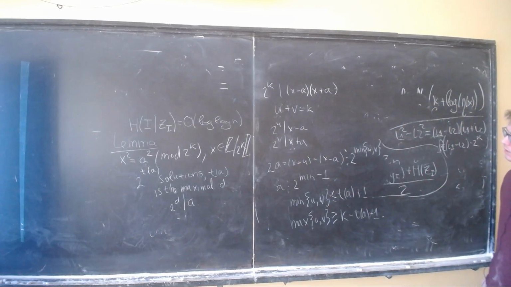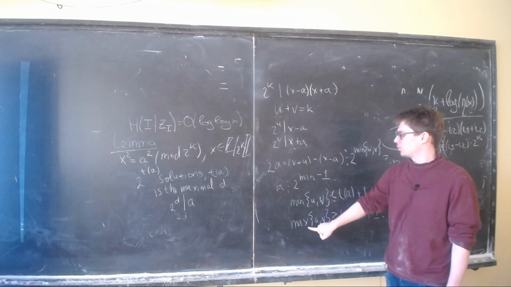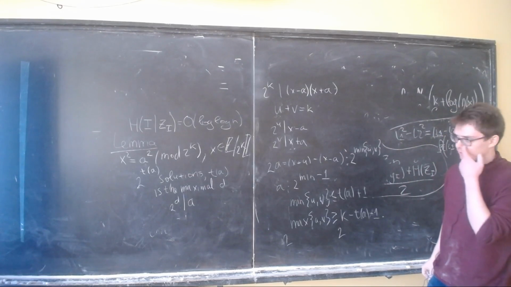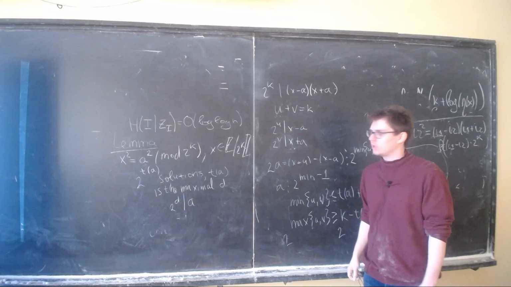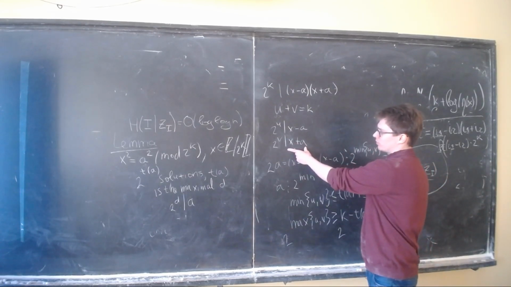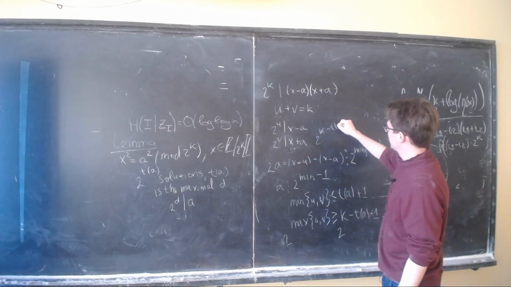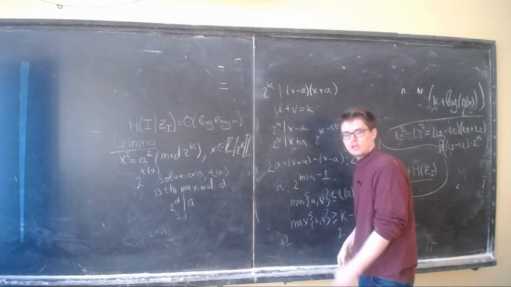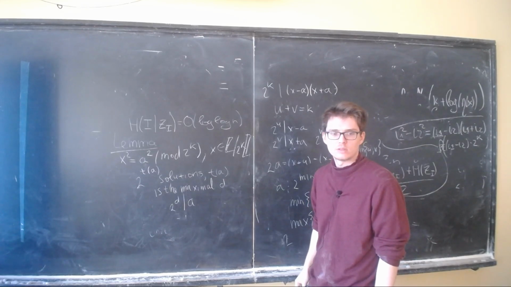Okay, but remember that either x minus a or x plus a should be divisible by 2 to this thing. Why? Because 2 to the u divides this and 2 to the v divides this. It means that x plus a, for example, should be divisible by 2 to the k minus t of a plus 1.